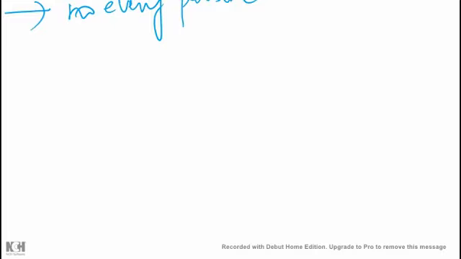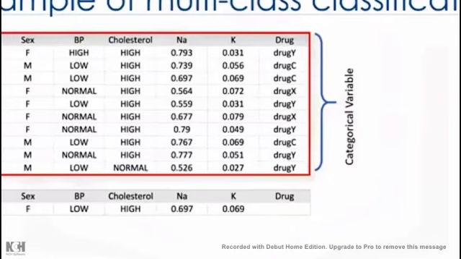So here, it's the same thing: age, gender, BP, cholesterol, sodium percentage, potassium percentage, based on that we have to predict the drug. If the sodium percentage is high, we can't go with certain tablets because the reactions will be different. So it varies person to person.